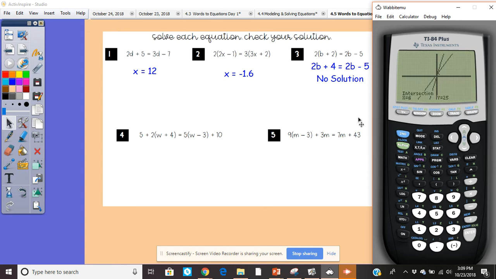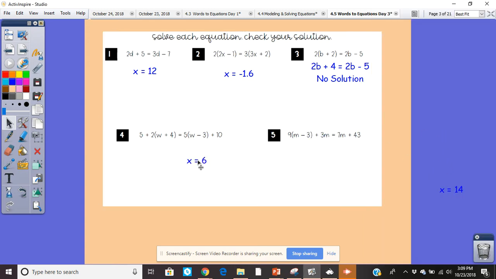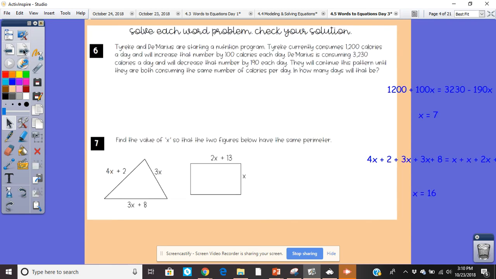I get x equals 6. And then this last one, if you type it in, if you want to go ahead and pause the video and try it and see if you're going to get the same thing. This one's going to be x equals 14.